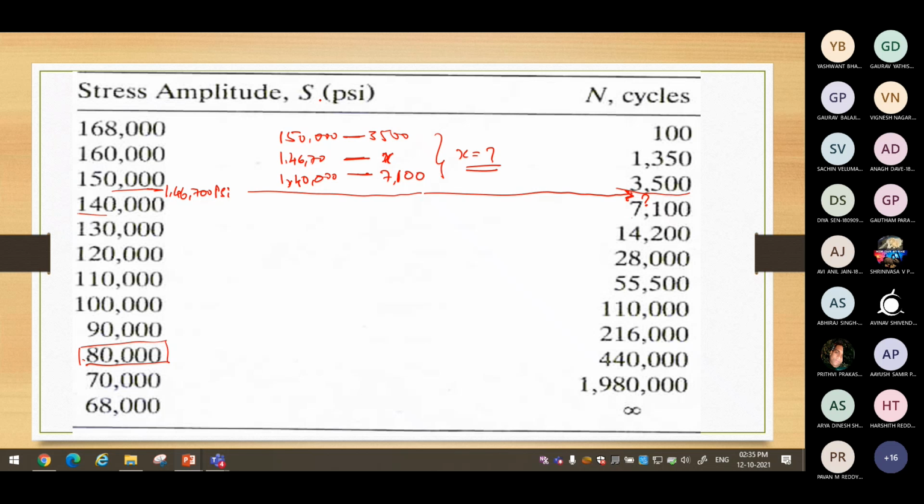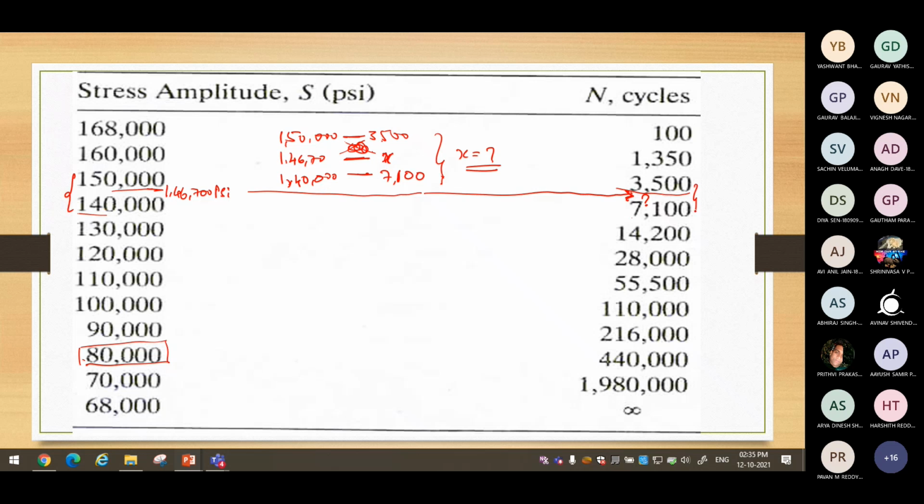So determine the x value using your math, by taking these three values. It is mandatory to take three. Don't only take 150,000 giving 3,500 and then ask how much for x. You cannot do a cross multiplication like this because the variation is not linear. Say here there is a linear variation, 10, 10, 10 KSI each.